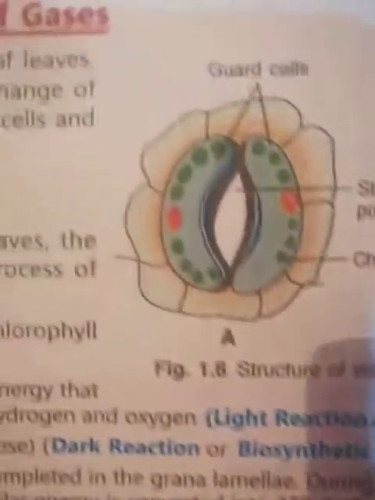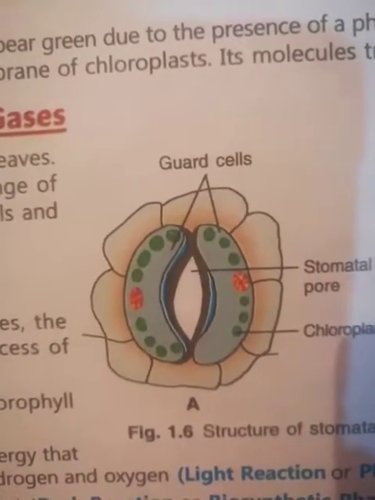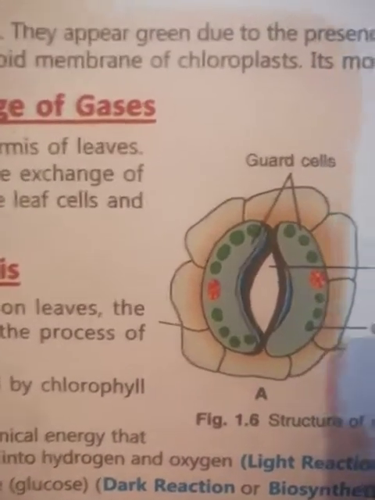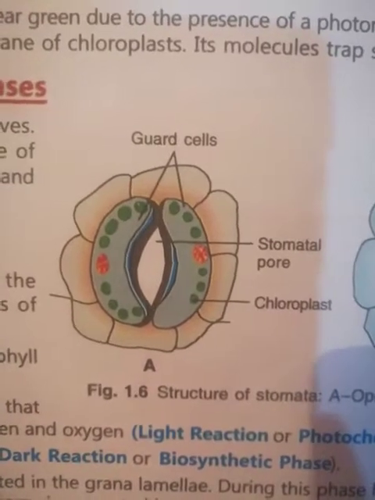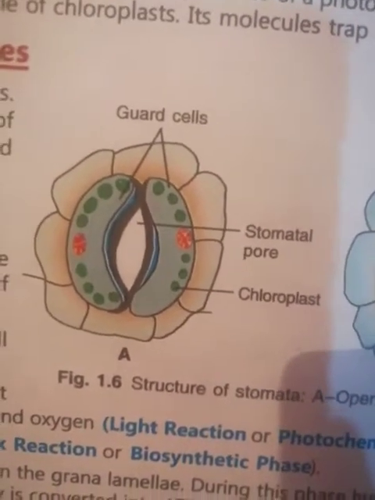Let us see the figure of stomata. Here, guard cells, leaf guard cells, stomatal pore, and in guard cells there is chloroplast.